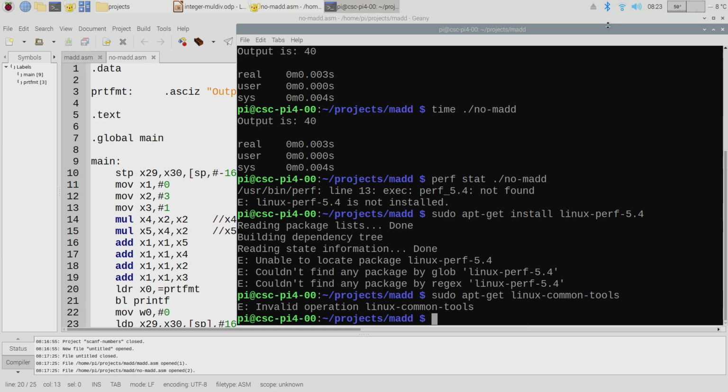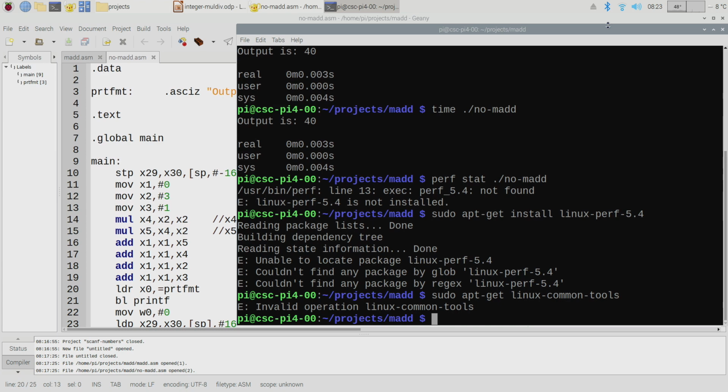There is a thing called perf that can actually tell us a lot more detail in terms of how long it takes for the thing to execute, but also how many machine cycles it took.